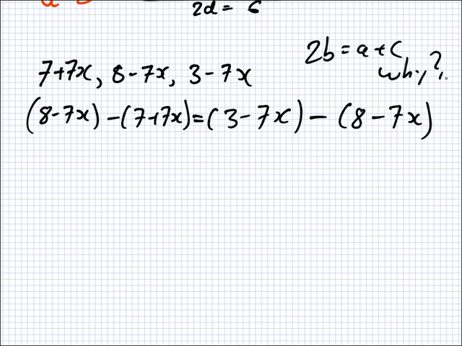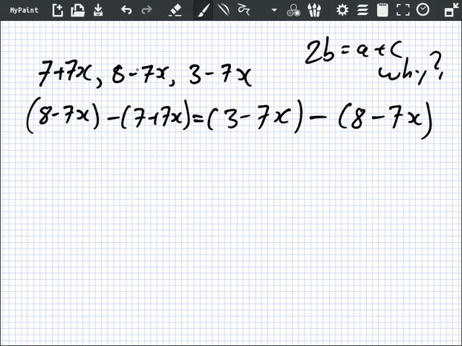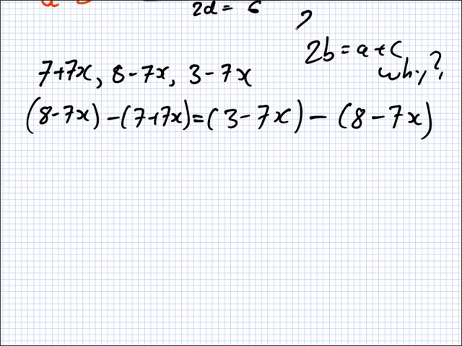Why? Why does 2b equal a plus c? Why is twice the second term equal the first plus the third term? Because b is standing for the second term here. In other words, you're saying 2u2 equals u1 plus u3.